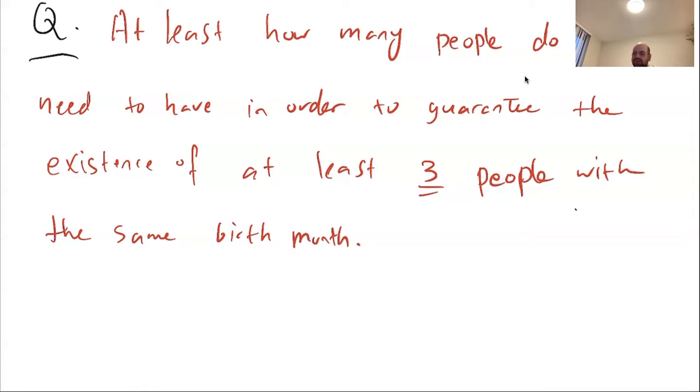If I take the ceiling of that number, then I get the minimum number of objects in one box, basically, if I want to talk in the language of objects and boxes. If I have 25 people with 12 boxes, or in this case, months, then the guarantee that I can have is at least the ceiling of 25 over 12, the ceiling of number of objects divided by number of boxes.